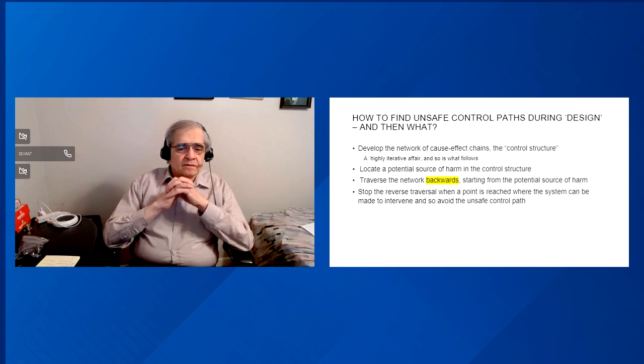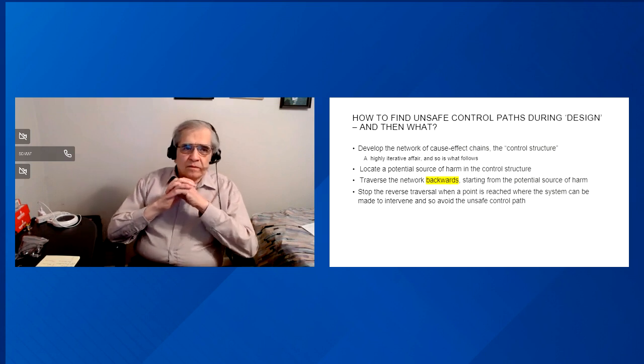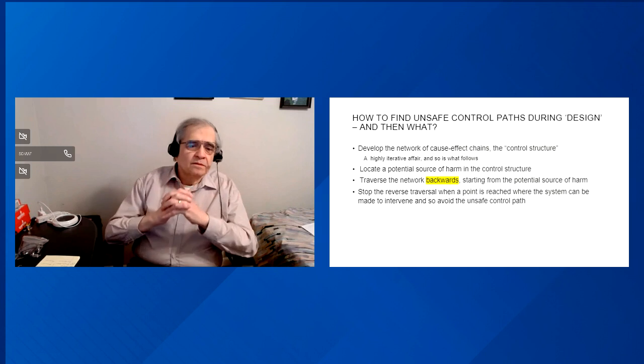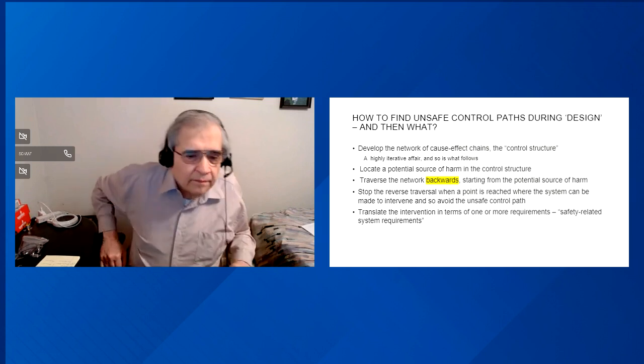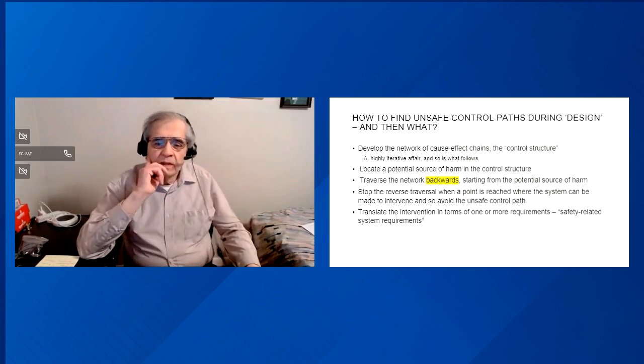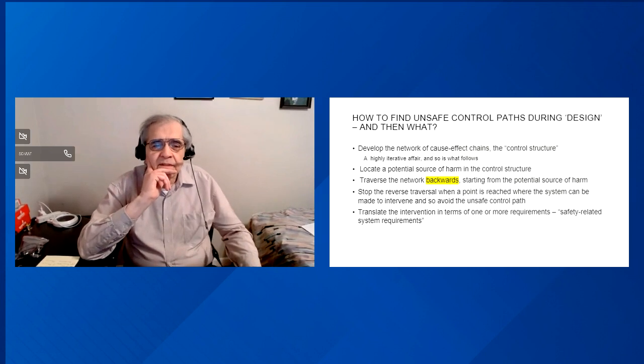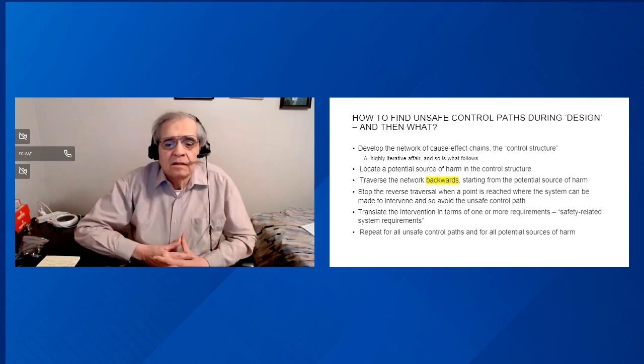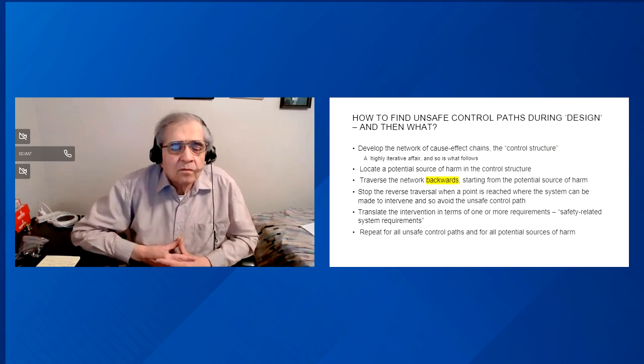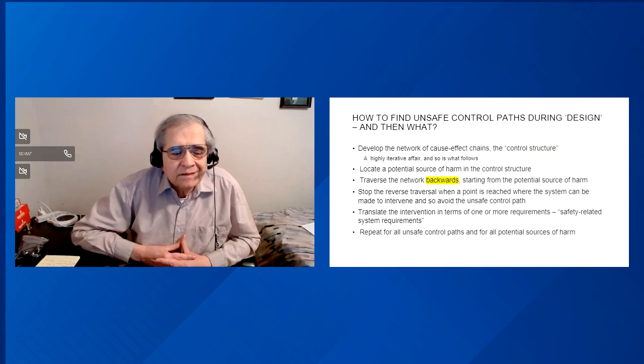Translate that intervention in terms of one or more system requirements, specifically safety-related system requirements. And finally, repeat the above for all the unsafe control paths and for all potential sources of harm.